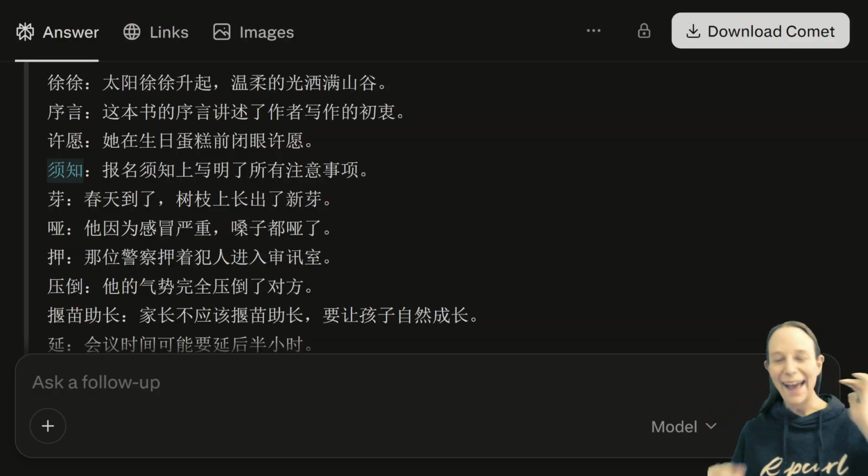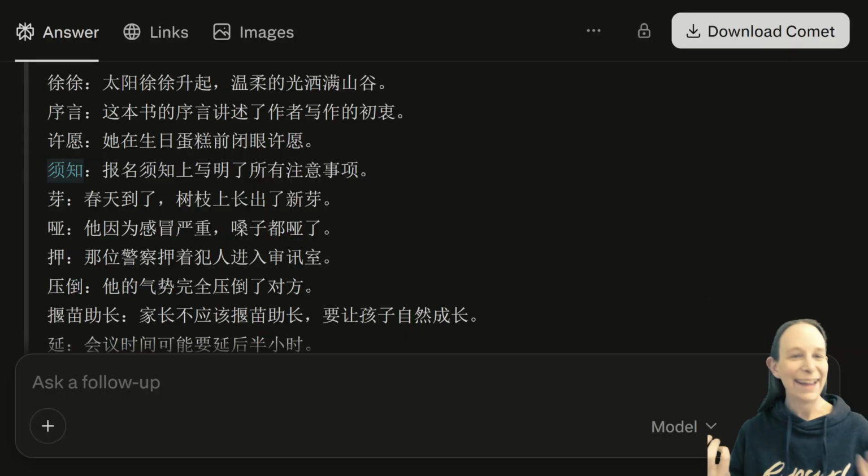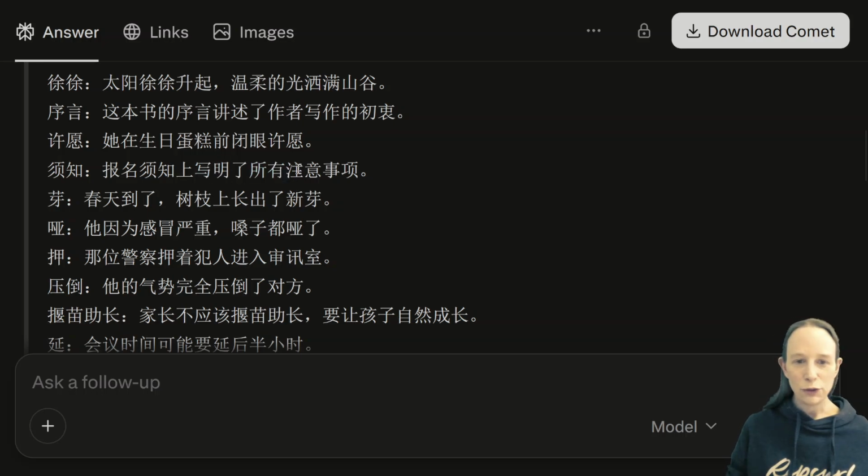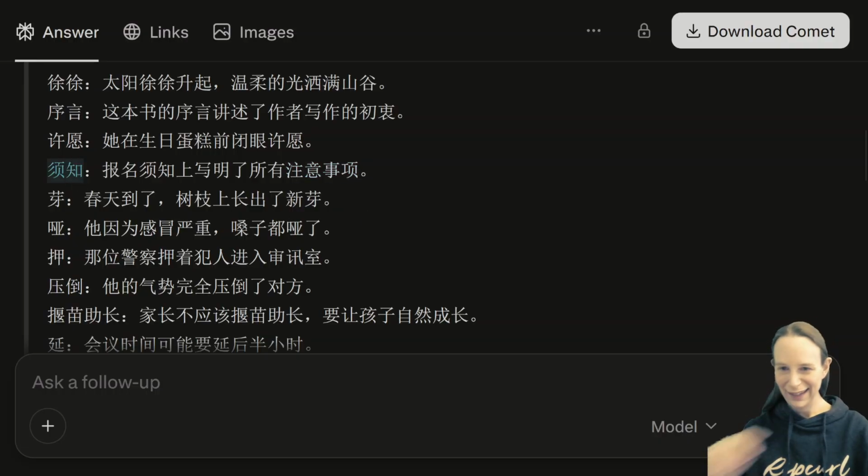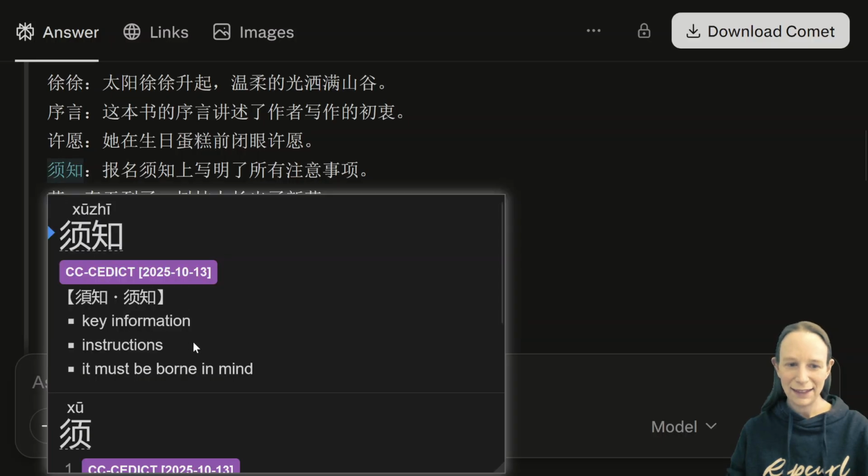They're covering themselves for legal liability, but you totally ignore it. 报名须知上写明了所有注意事项. It's meant to be essential information, but they write so much.